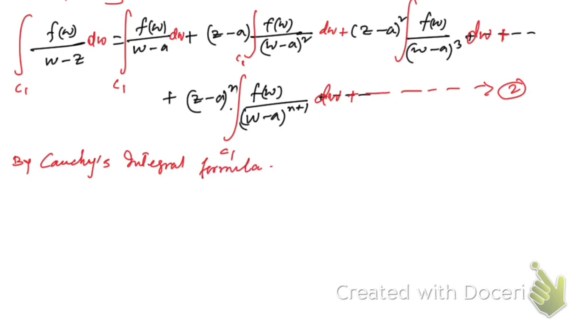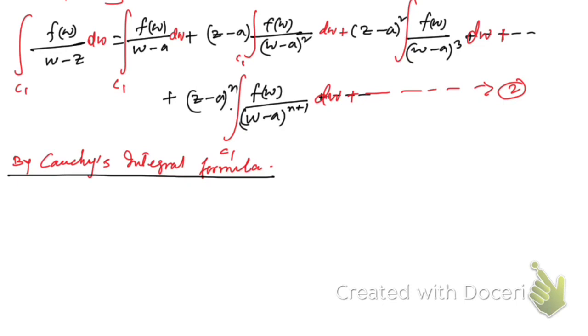We have already discussed Cauchy's integral formula in the previous lectures, links are given in the description box. Maybe in lectures 14, 15, or maybe 16, we discussed Cauchy's integral formula and also the formula for the derivative.